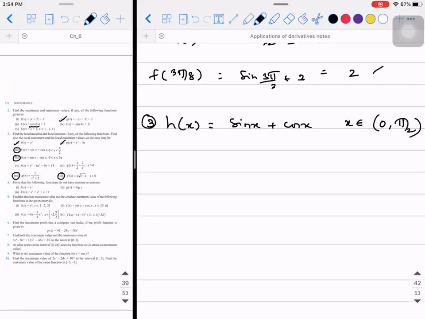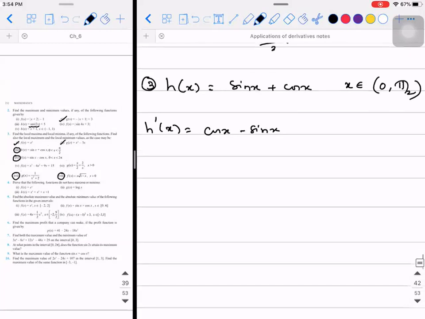So how can we do this? h dash of x is equal to cos x minus sin x, right? So h dash of x is equal to 0, which implies cos x minus sin x equals 0. So tan x will be equal to 1. So what can I say about this function?